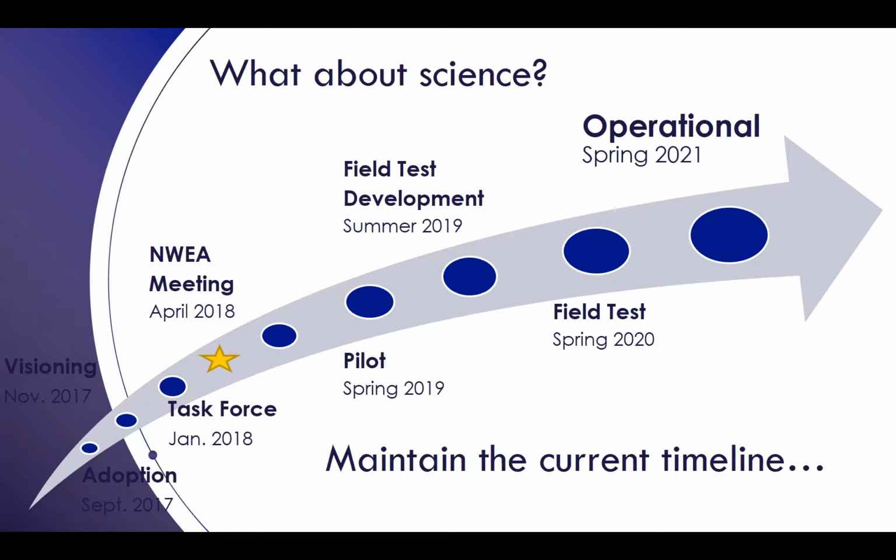The changes and the evolution that we're talking about for ELA and Math are not going to happen in science, at least not right away. We're going to get this NSCAS science test off the ground and operational in 2021 for grades 5 and 8. And then we'll continue to look at the system and how we improve it from there.